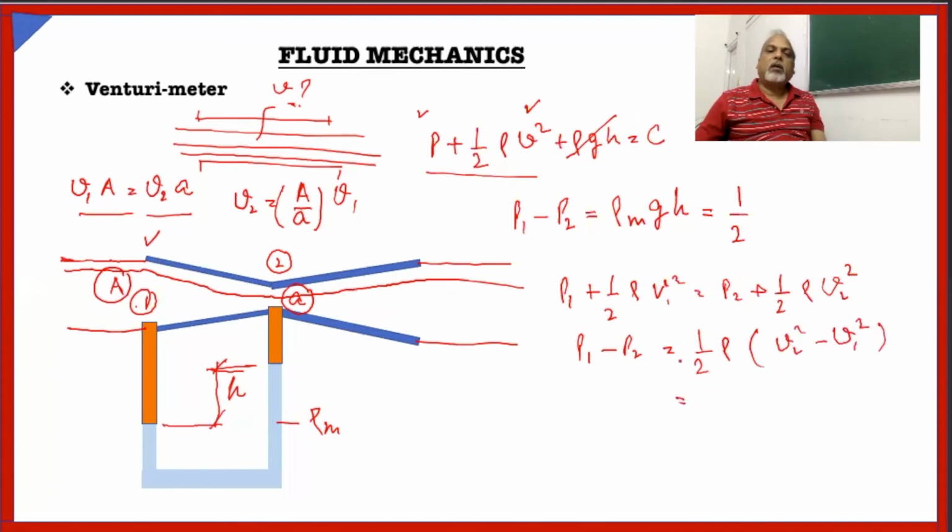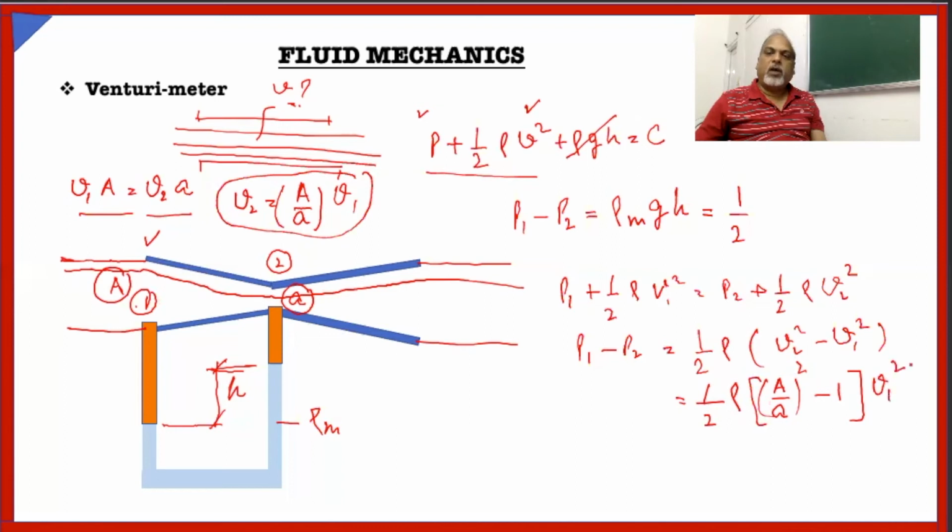And we have this formula, we can replace V2. Half rho, V2 is nothing but A upon a, so A upon a whole square minus 1. You can take V1 square outside, correct?